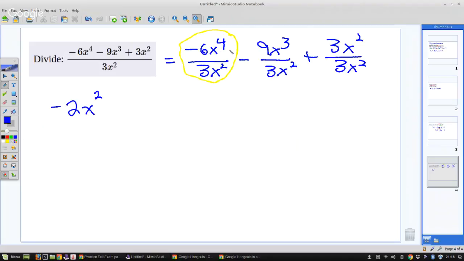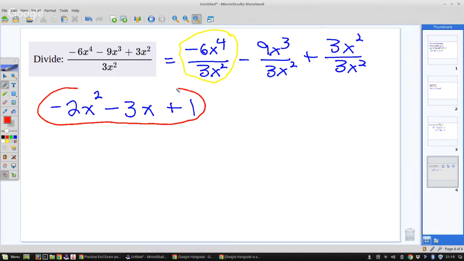Another way to think about it is there's 4 x's multiplied in the top, 2 x's in the bottom, so a pair cancels out. Here we have 3 goes into 9 3 times, x squared goes into x cubed x times. And here I have basically a number divided by itself, which is just a +1. So that should be the answer right there of that division.